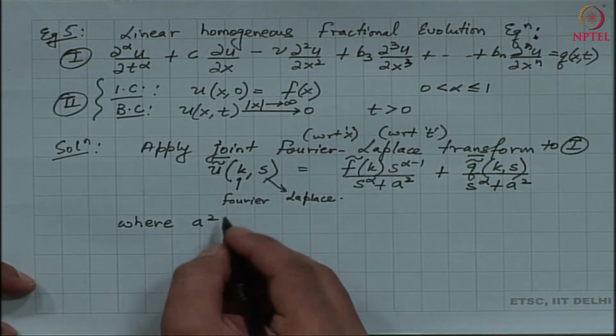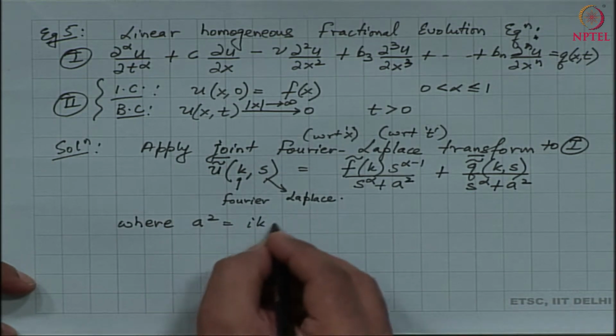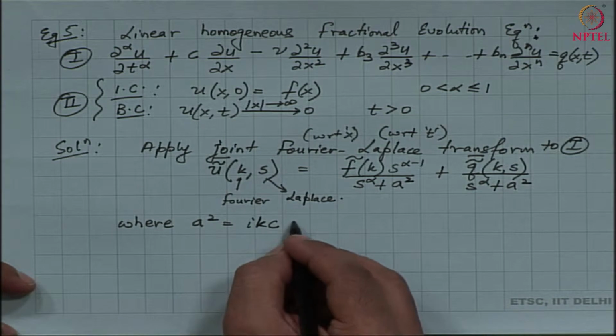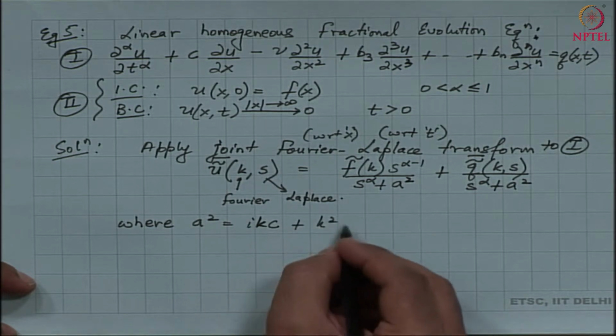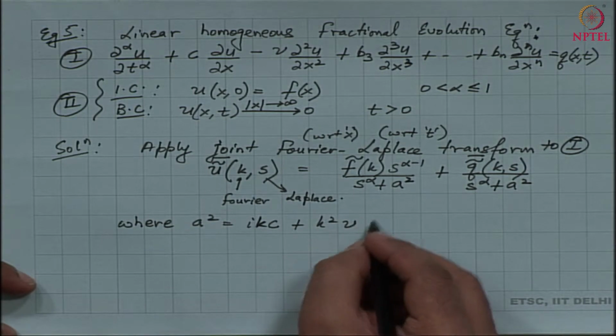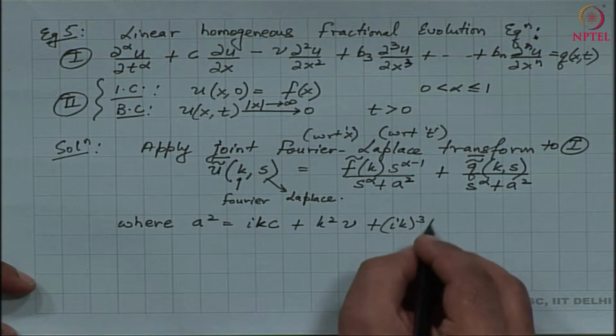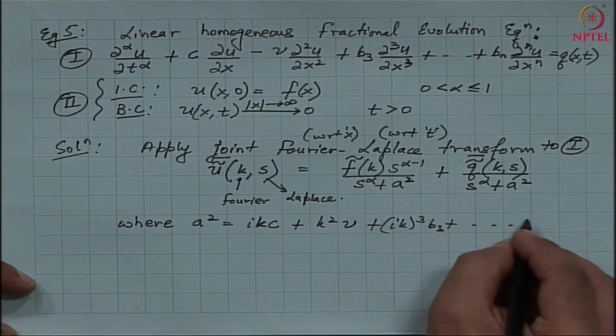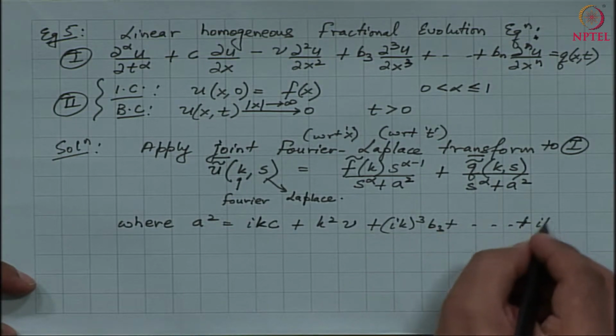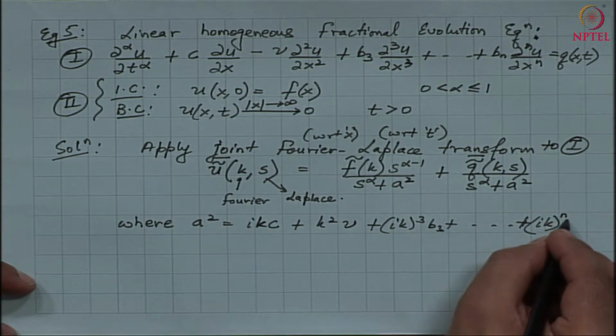So, a square is given by this expression: i k c plus nu k square, nu coming from the diffusion term, and then plus i k cubed b3 plus and so on. Let me include the nth term here, i k to the power n b n.